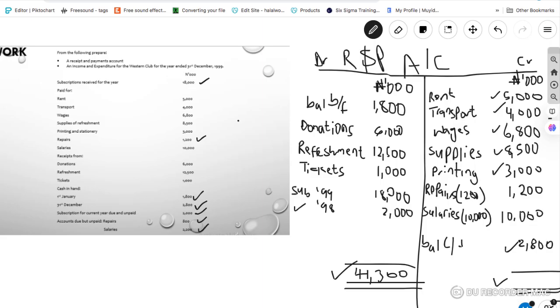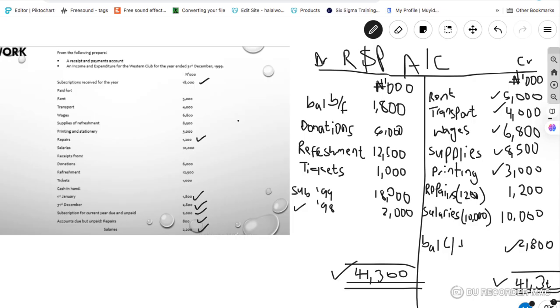So let us go back again and add up. 5,000 plus 4,000, 9,000 plus 6,800, 15,800 plus 8,500, that is 24,300 plus 3,000, 27,300 plus 1,200, 28,500 plus 10,000, 38,500 plus 2,800 will give us 41,300.